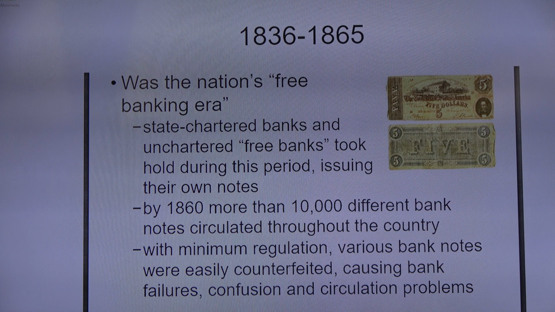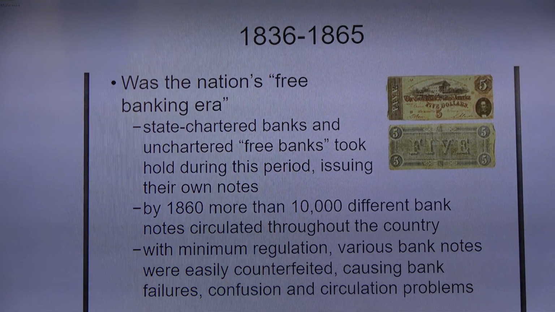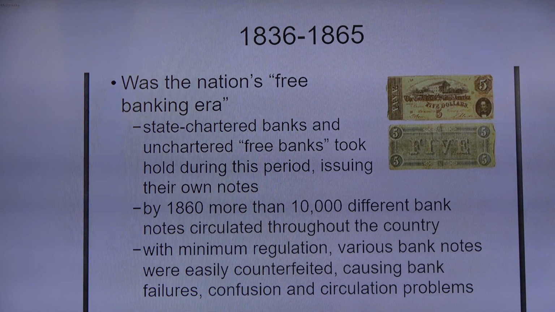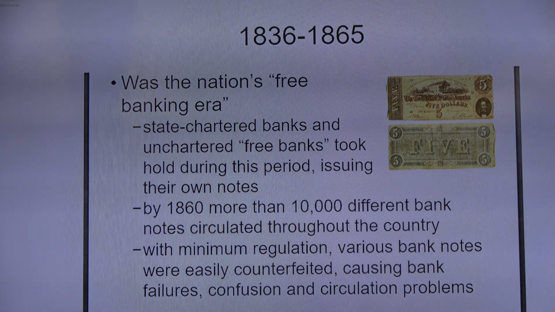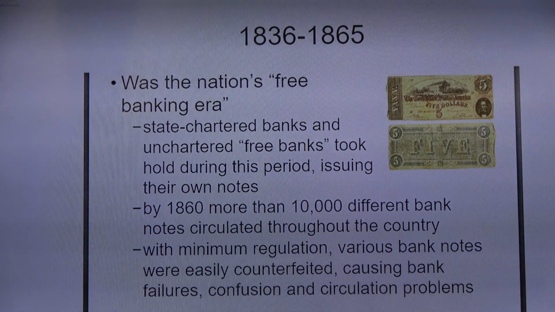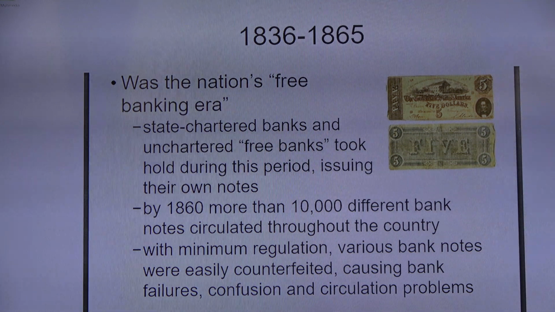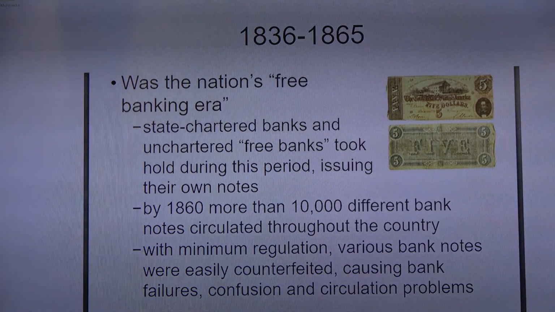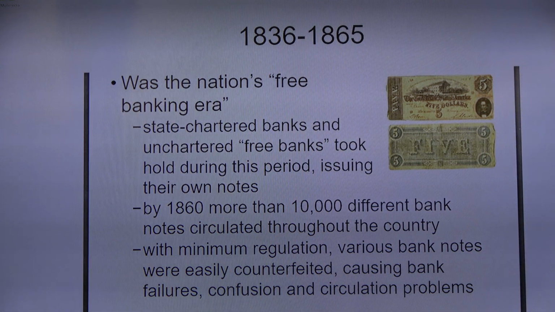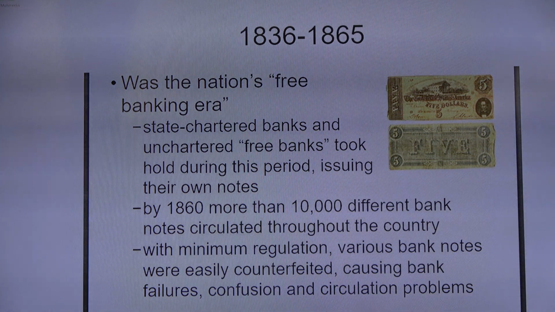So then, after the second bank charter expired, the period from 1836 to 1865 was known as the nation's free banking era. What happened during this time is states started opening banks. State-chartered banks and unchartered free banks took hold during this period, issuing their own notes.